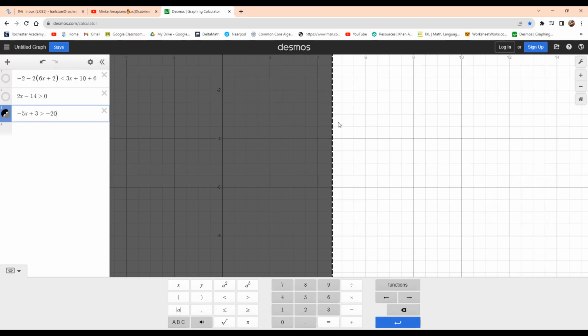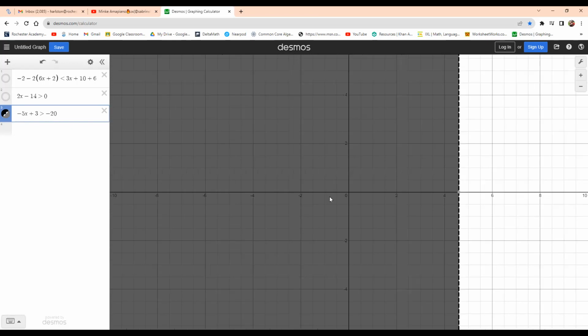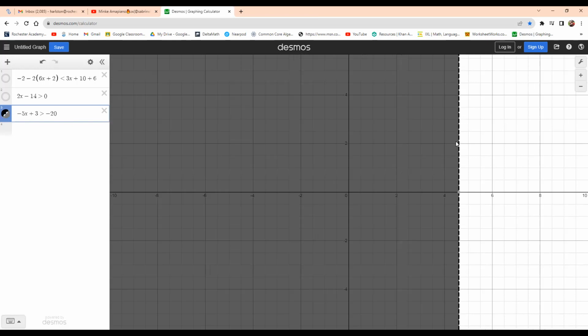Now, if you look at this, you can see that the shading is going to the left. So let me do home. All right, let me get rid of this real quick. So this is the y-axis, this is the x-axis. When I click on this, you can see that the boundary starts at 4.6.